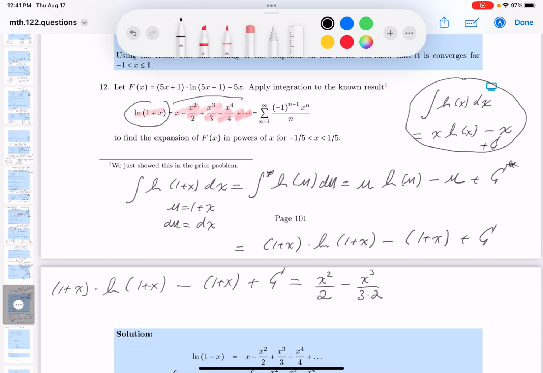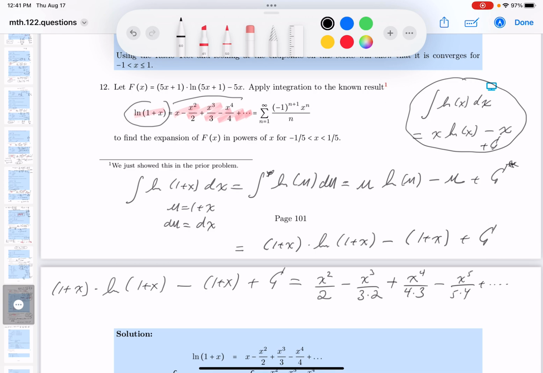Then you're going to get minus x to the fourth. And let me see if I made a mistake over here. So x squared over 2, x cubed, 3 times 2, x to the fourth, 3 times 4. Maybe we'll put down 4 times 3. And then that's a plus sign, sorry about that. Minus x to the fifth, and it's going to be 5 times 4. I think I got the pattern.